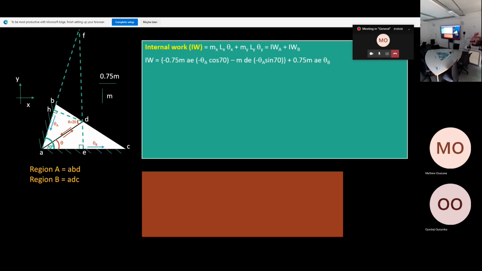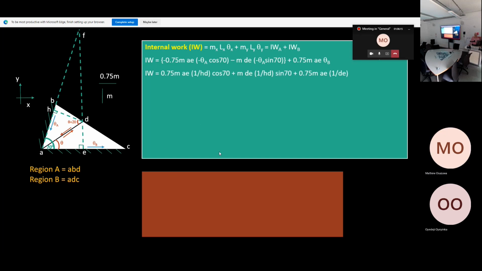Then there is nothing on the y-axis because this vector has no component on the y-axis. Therefore, this is the total internal work for this slab. The first part is region A, the second part is region B, and the total is your total internal work.